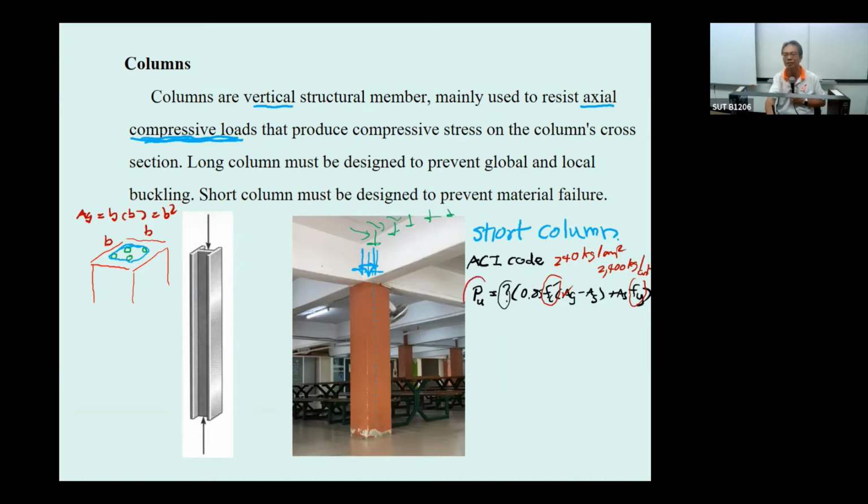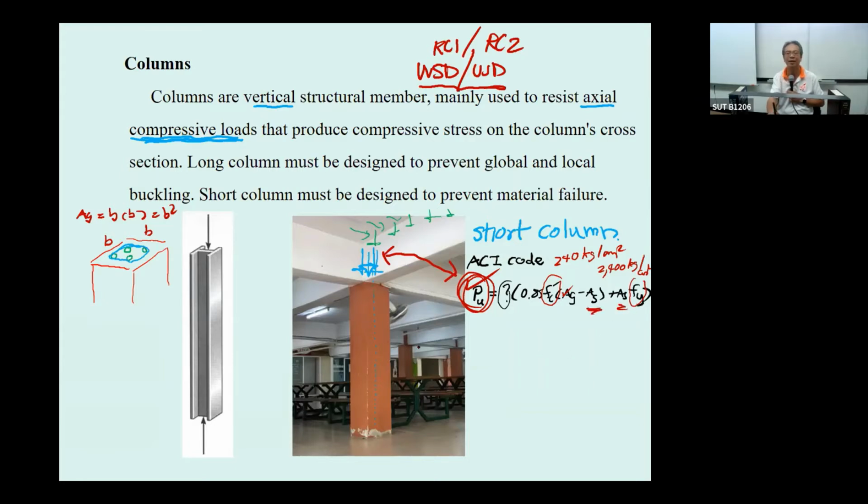If you estimate Pu from my first PowerPoint, that's the load transferred from the floor to the beam to the column. It depends on whether you use working strength design or ultimate strength design, based on the subject of RC1 or RC2. But anyway, if you know this, you can compute As.